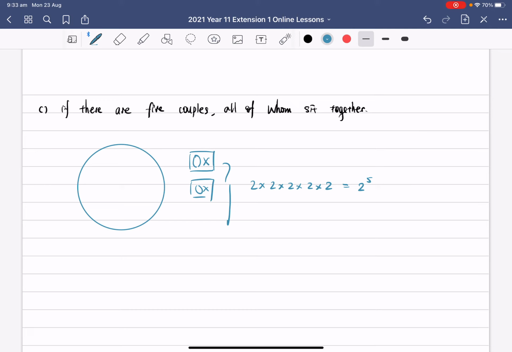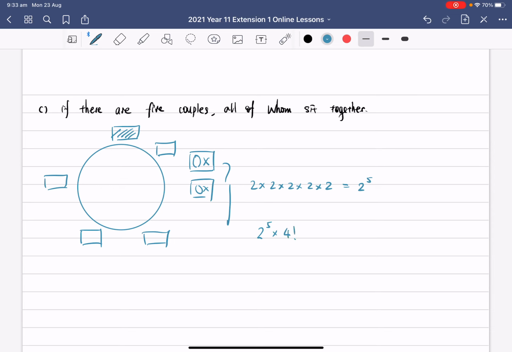Once we finish ordering the couples, we just need to place the couples around the circle here. Remember this, it's very similar to the previous one. All we have to do is fix one couple, and then for the remaining 4 couples, we rearrange them, and that's 4 factorial. So that just becomes 2 to the power 5 times 4 factorial to finish off this question.